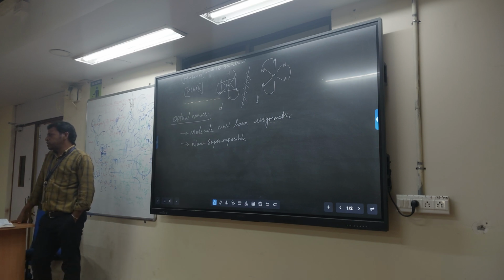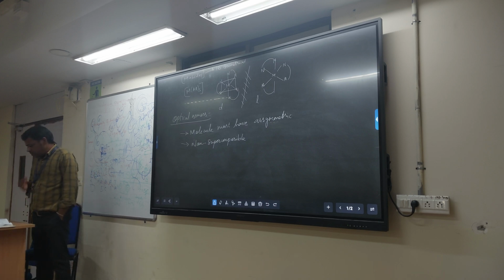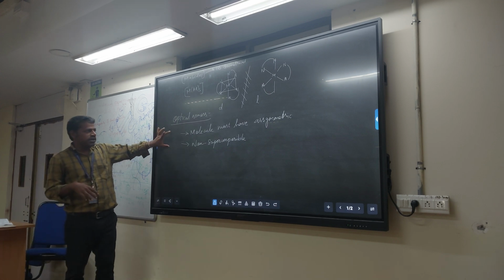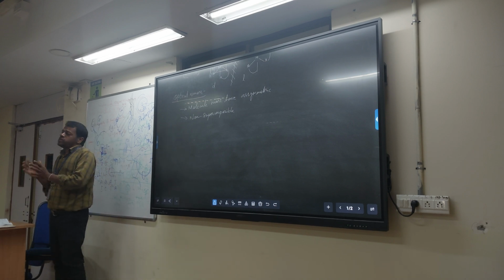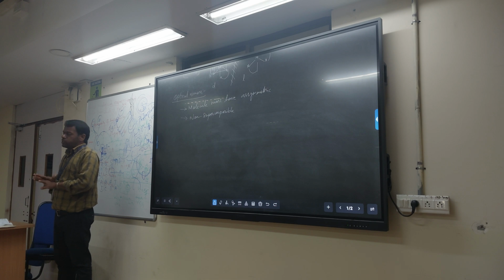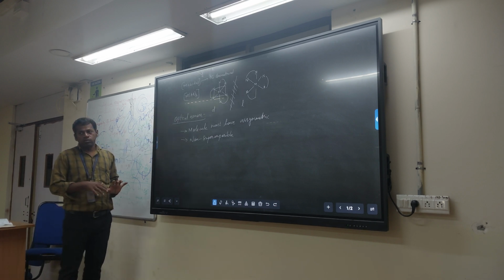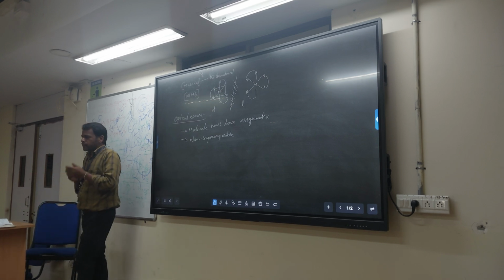Okay, these two conditions are needed for your complex to have optical isomerism. We already discussed that among tetrahedral complexes, only the ABCD complex shows optical isomerism. Other complexes won't show any optical isomerism.